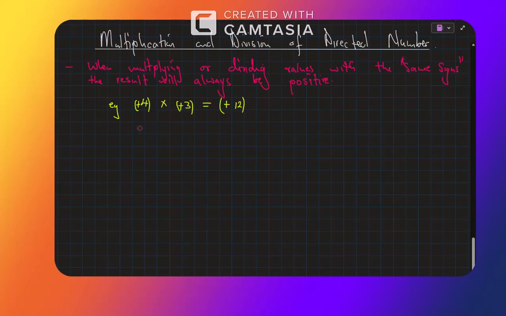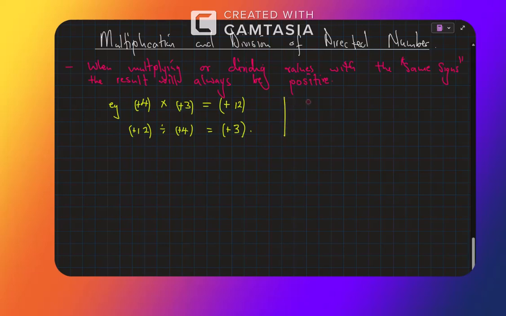When you divide, let's say 12 divided by 4, both are positive. The result you expect is positive, because you are dividing and multiplying values with the same sign, so the result is always positive. So here you're going to get positive 3.